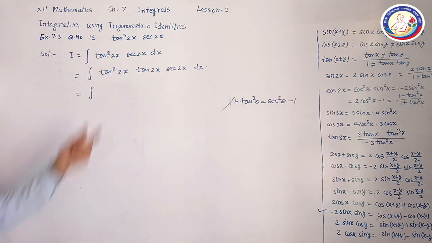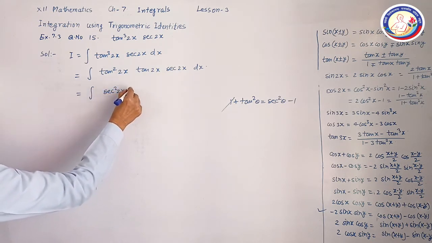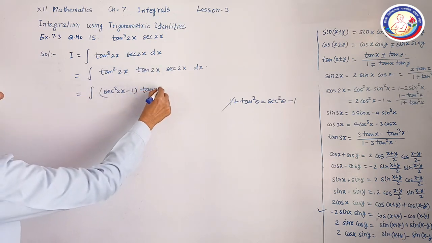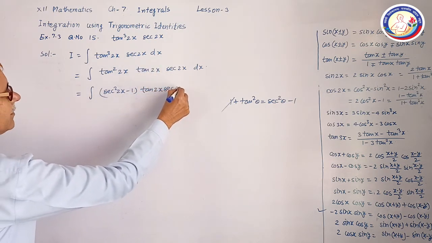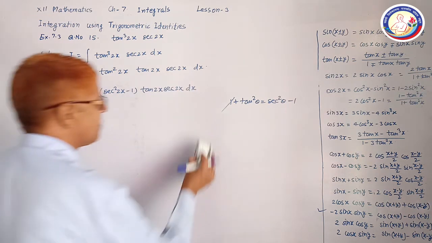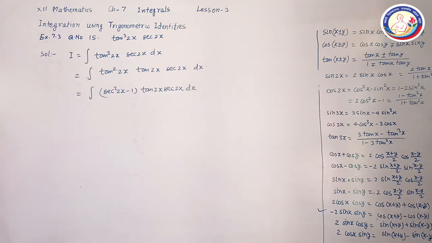So I am replacing this by sec square 2x minus 1 and tangent 2x and secant 2x dx. This is simple mathematics of trigonometrical functions.